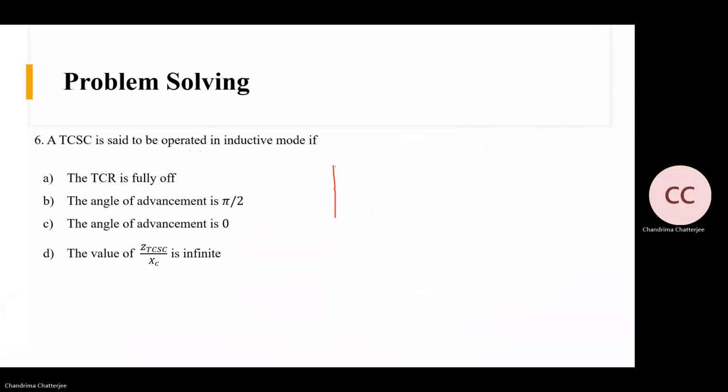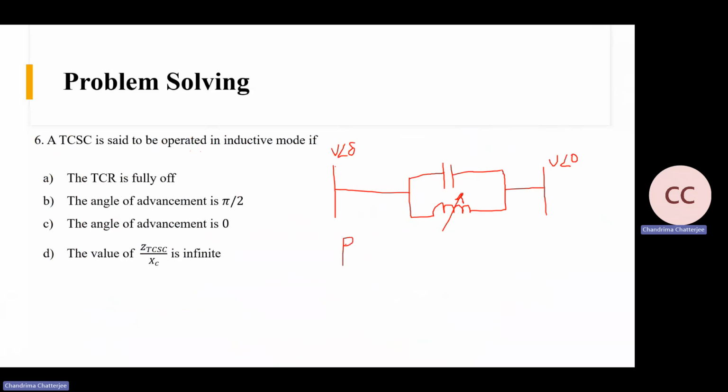So you know that the angle of advancement beta can vary from 0 to pi by 2.